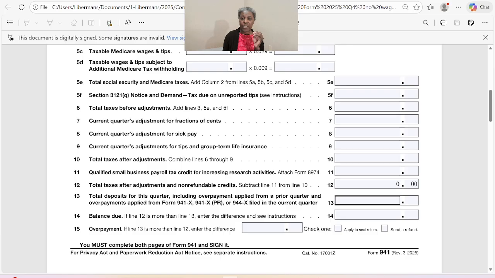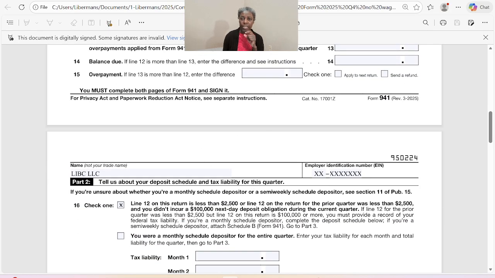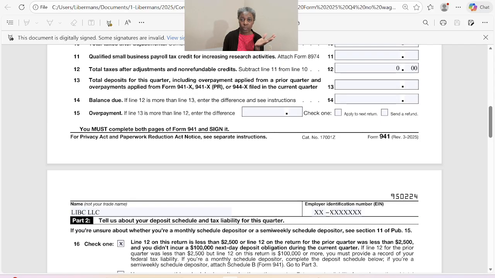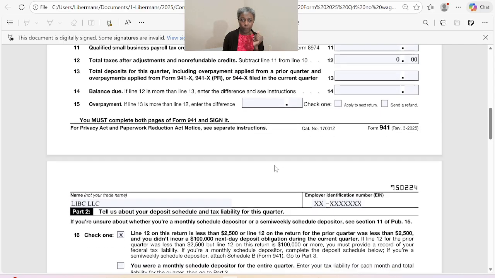Line 15 is when line 12 is less than line 13. The IRS owes you a refund. Then you'll check if you want them to keep it to apply to the next return, or if you want them to send it to you. In this instance, where it is $0, we just leave it blank because our liability is 0.